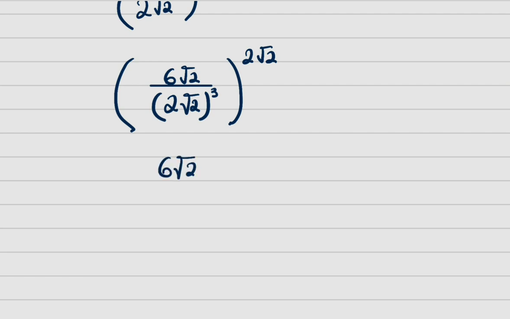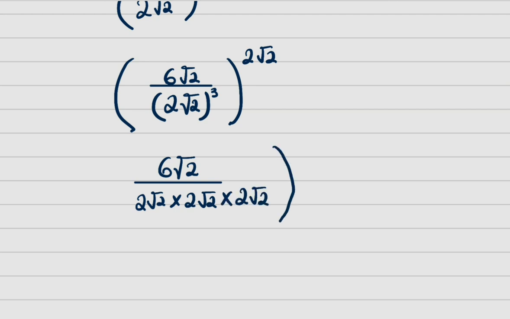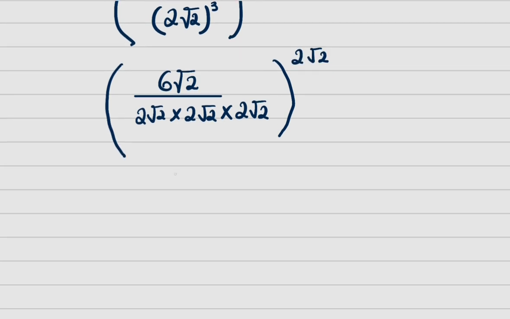We can simplify what is in the bracket now, so that we can have 6 root 2 all over 2 root 2 times 2 root 2 times 2 root 2. Everything is going to be the power of 2 root 2. Now this is 6 root 2.